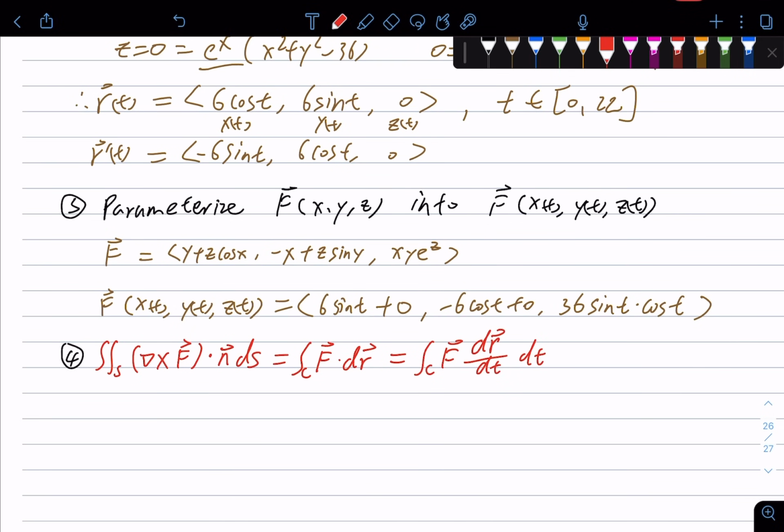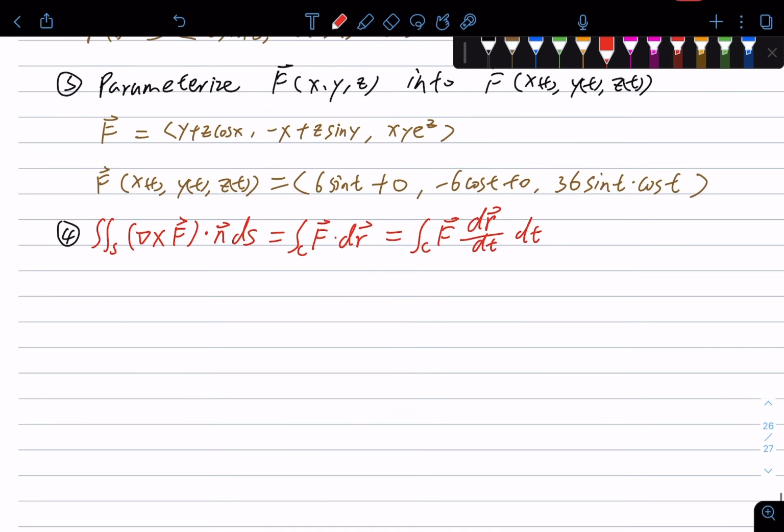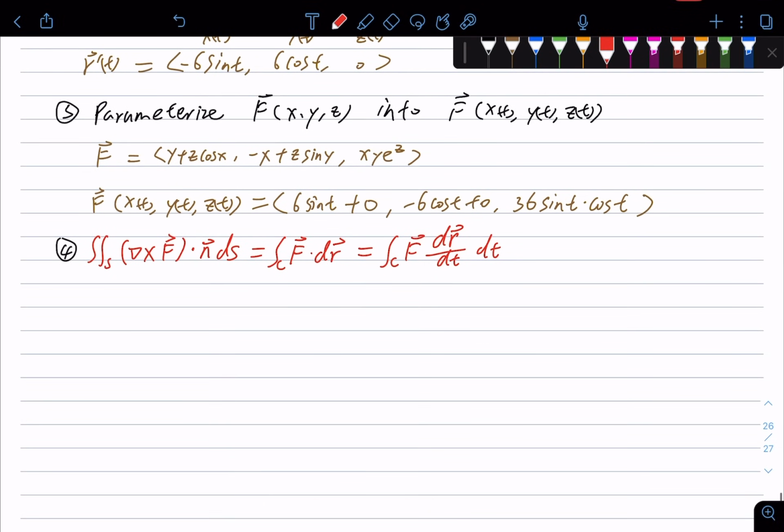Now we're going to integrate with respect to t. So let's quickly compute this part right here.